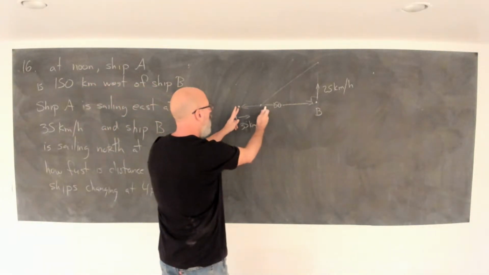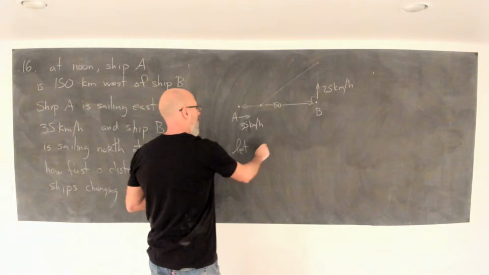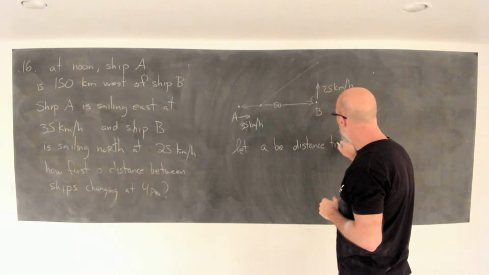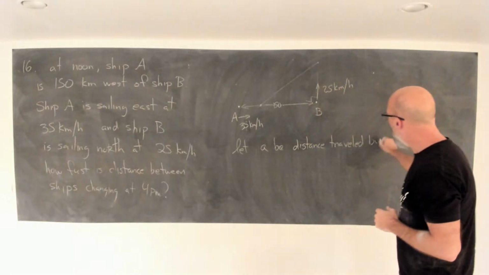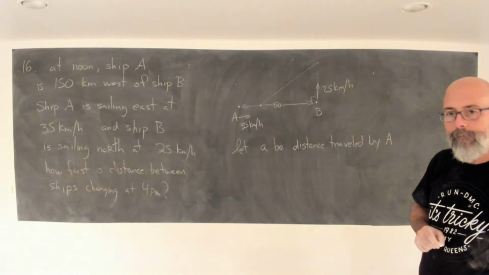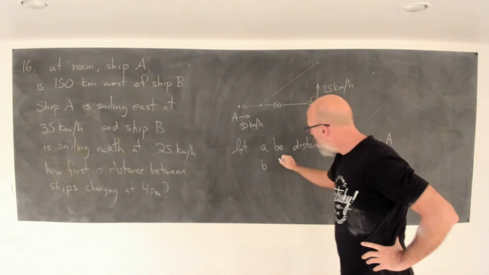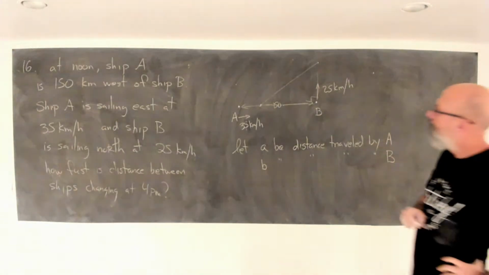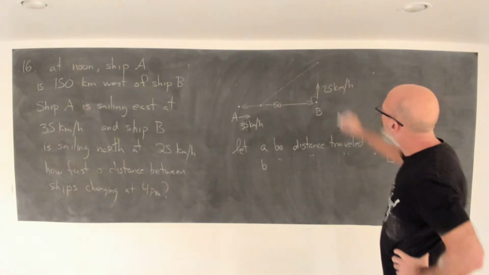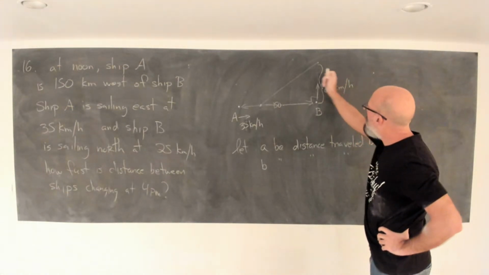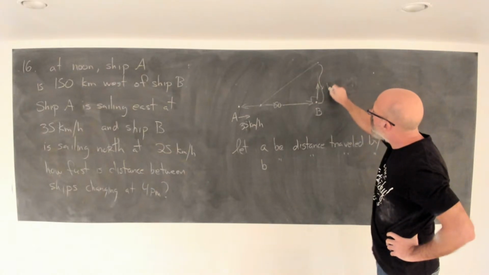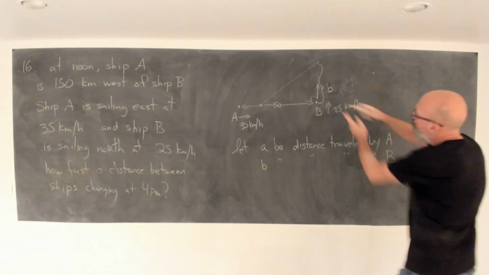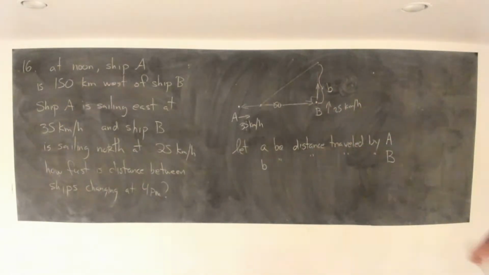We can let little a be the distance traveled by ship A, and let little b be the distance traveled by ship capital B. So at any time, this is going to be the distance b.